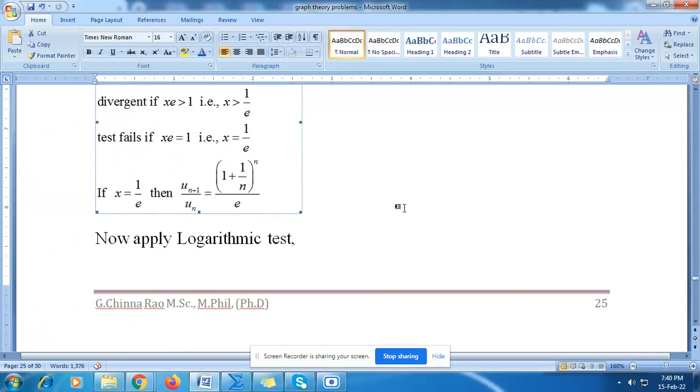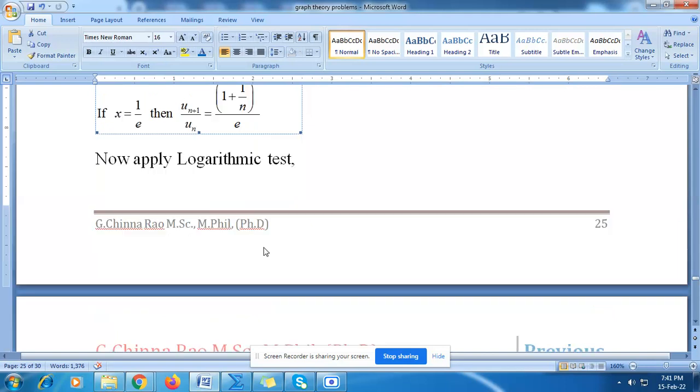Here you observe that un+1/un involves the e term. If un+1/un involves e terms, when D'Alembert's ratio test fails, then use the logarithmic test. If un+1/un does not involve e terms, then use Raabe's test. You have to remember that. Here e is involved, so we have to apply the logarithmic test.